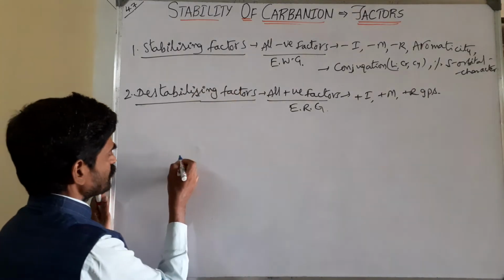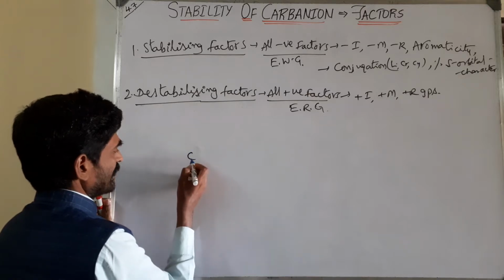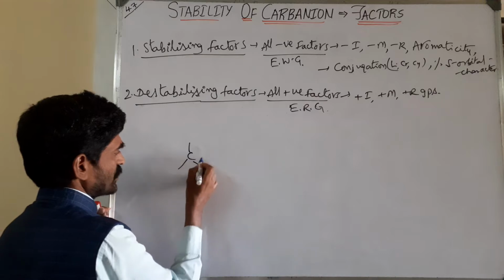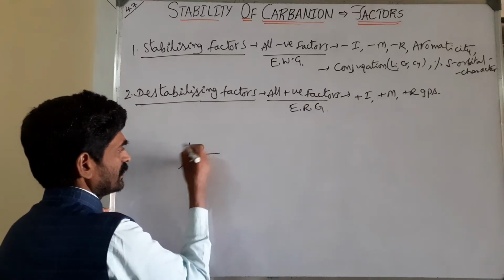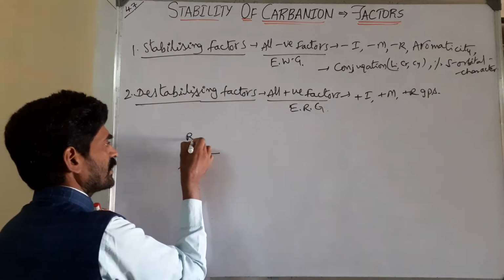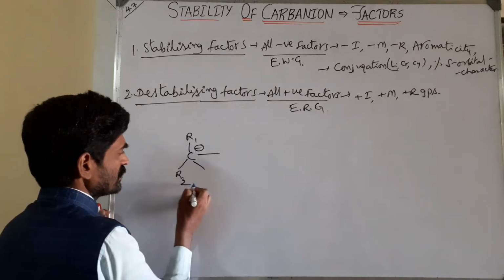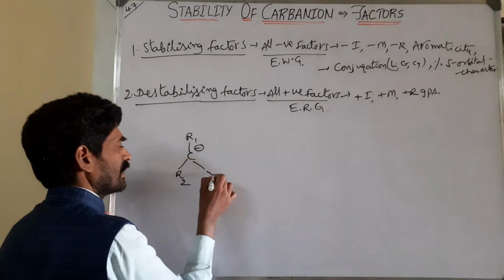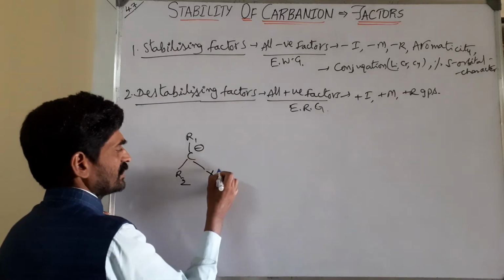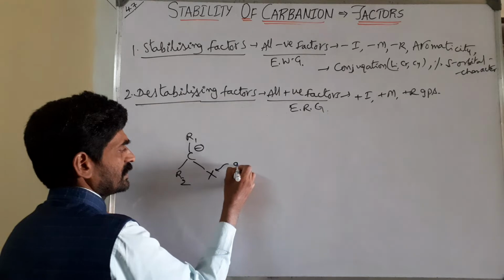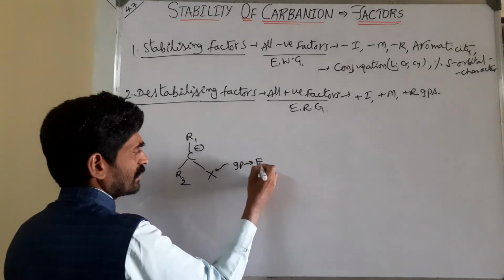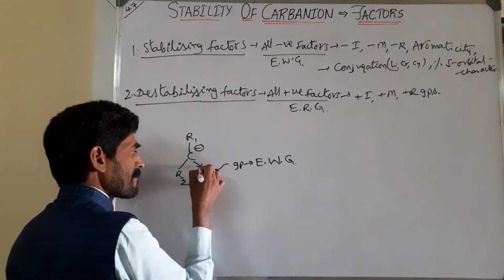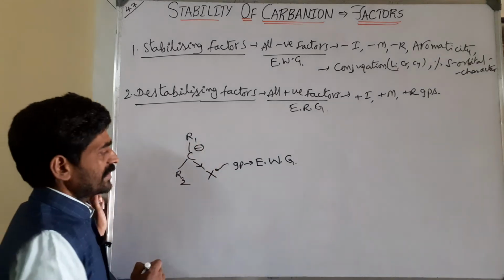For example, a carbon carrying a negative charge, and here it is R1, R2, and R3. So this R3 may be here some X. What is X? This X is some group, an electron withdrawing group, which withdraws electrons from the carbanion, right?